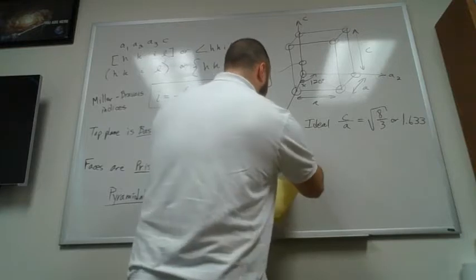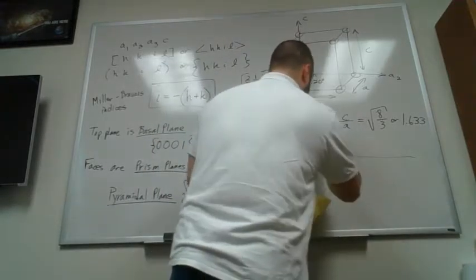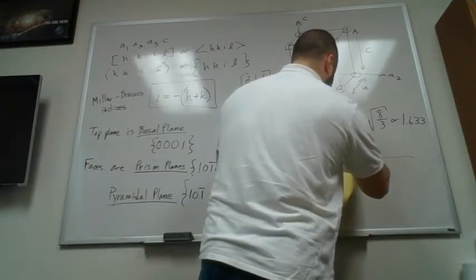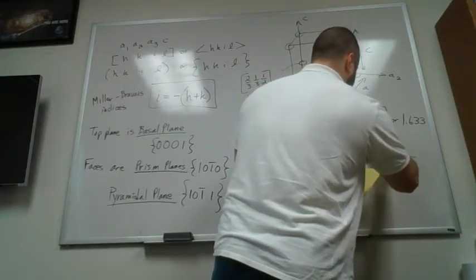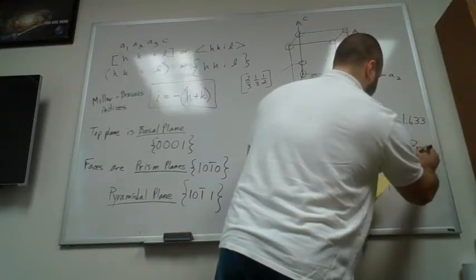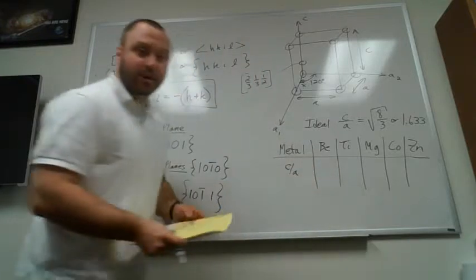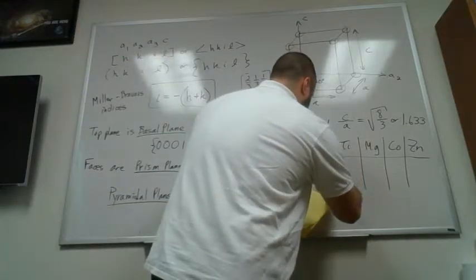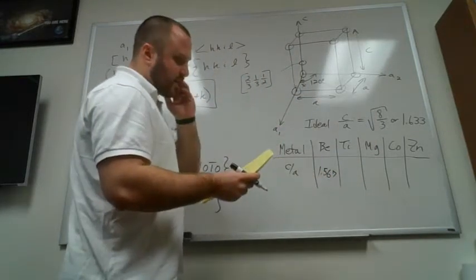So I'm going to make a little table with different metals going out this way. I'm going to put on beryllium, titanium, magnesium, cobalt, and zinc. And for each of these, I'm going to plot what the real C over A ratio is. Okay. And we can go and put on things, and what we can find is that some of them are lower than this ideal prediction.